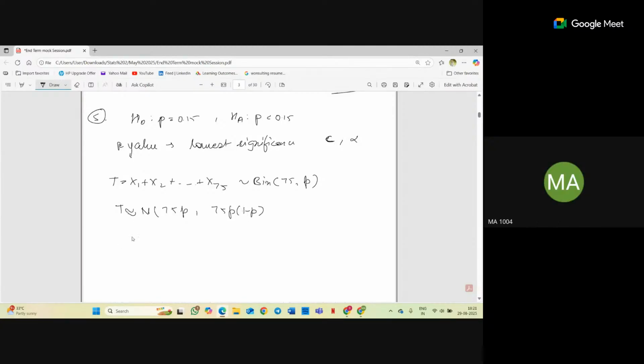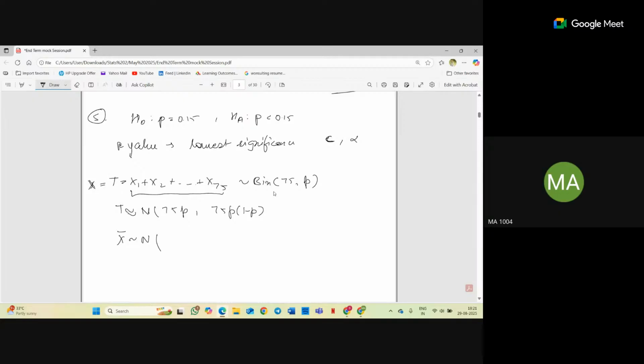Now, if I have to find the x bar, this will be following a normal distribution with parameters... Could you repeat this step and the previous step, like how it is following a normal distribution with 75p? Look, T is the sum of all these values. Let's suppose this is my x, which is following a binomial 75 comma p.